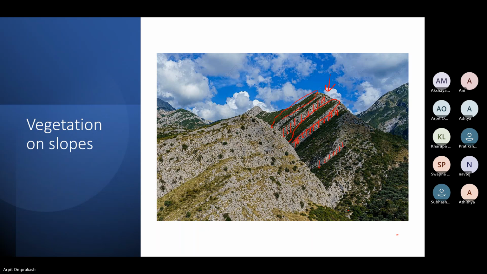We can imagine that these areas which have the trees might have some pull factors which are pulling the tree population to be at that site. Probably there's more sunlight coming on this slope, or maybe the slope is not that steep. Maybe the slope is only this much, and there's a lot of sunlight coming here. And because the slope is only this much, there's a generous amount of soil present for trees to grow.